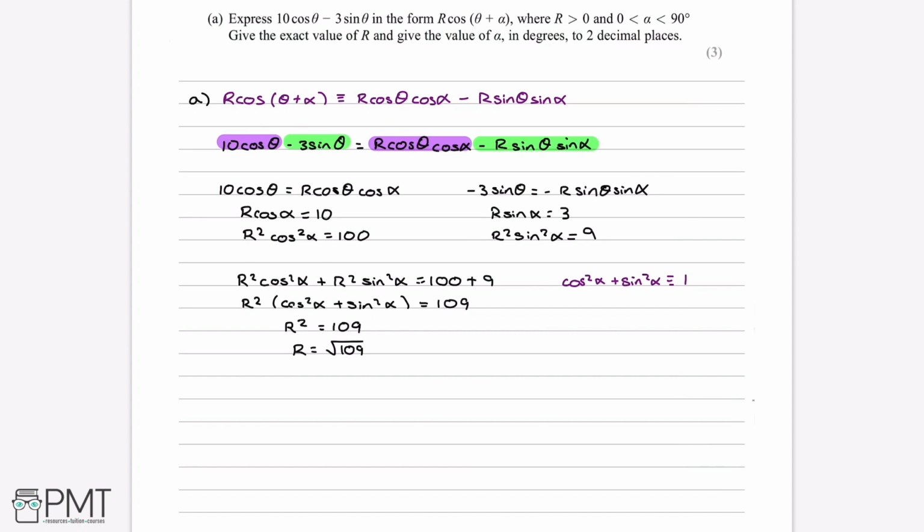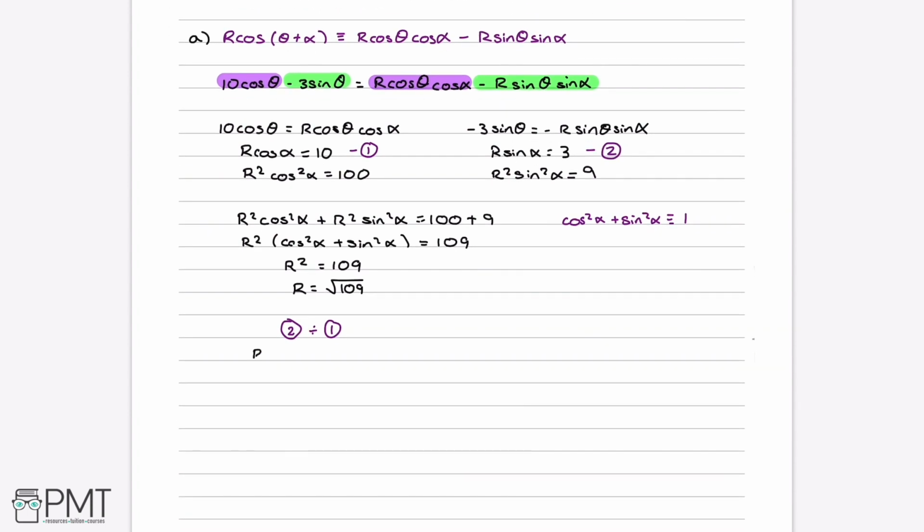So now, if we go back to our previous workings, and we call r cos alpha equals 10 equation 1, and r sin alpha equals 3 equation 2, and do equation 2 divided by equation 1, we get r sin alpha over r cos alpha is equal to 3 over 10.